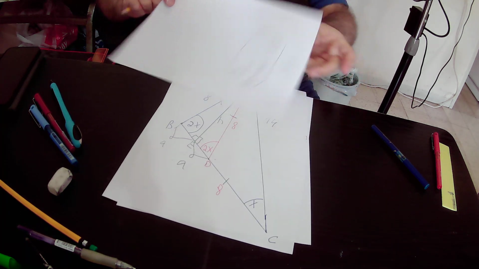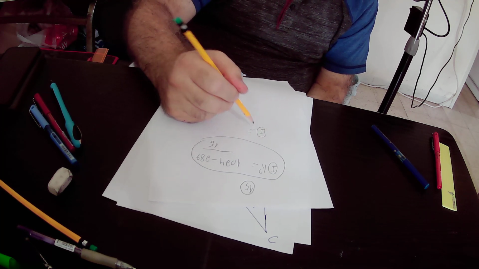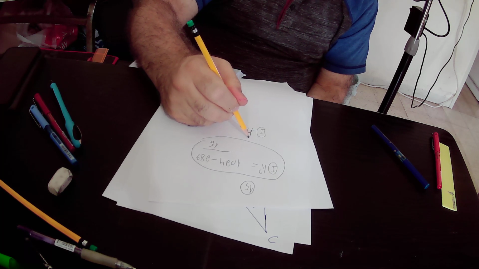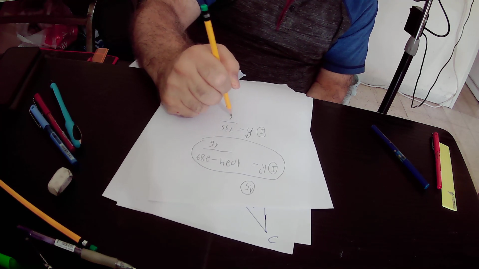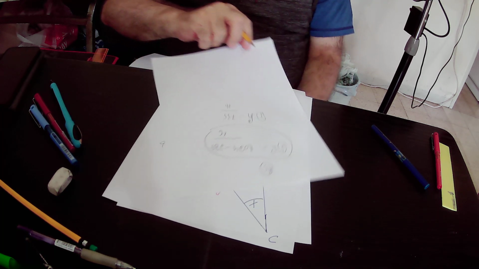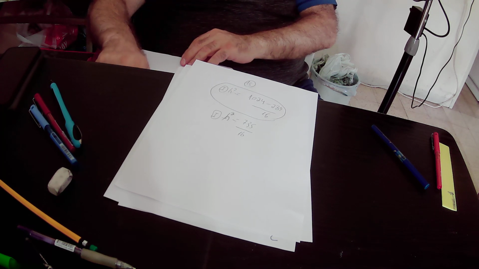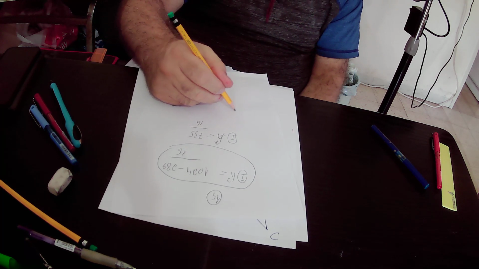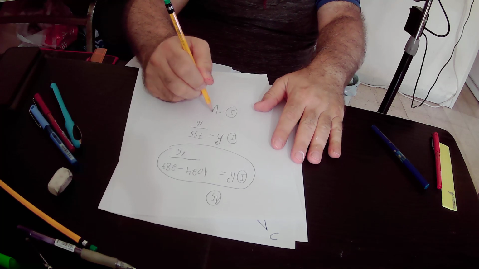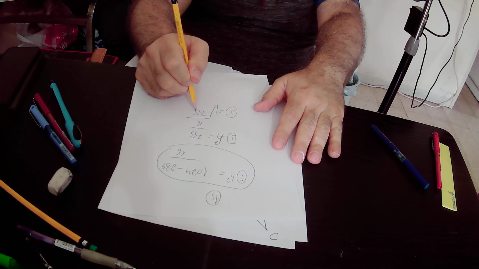So h squared equals 735 over 16. Okay, here we will take a root out of this equality and we will get that h equals the root of 735 over 16.